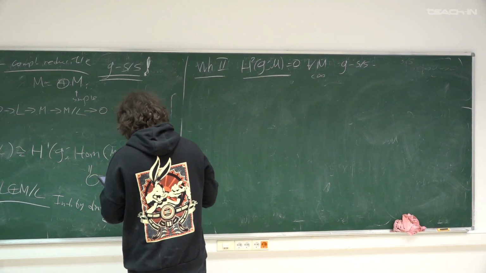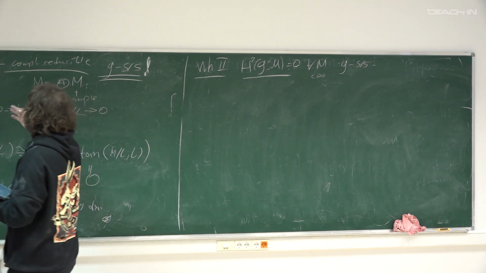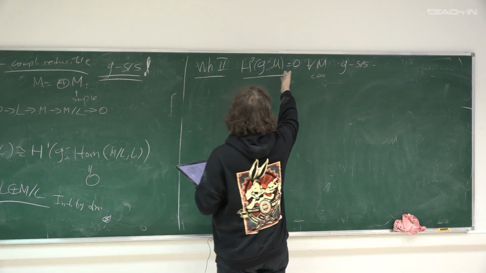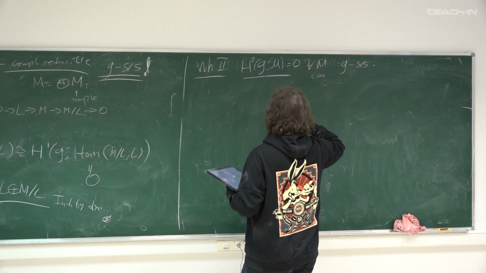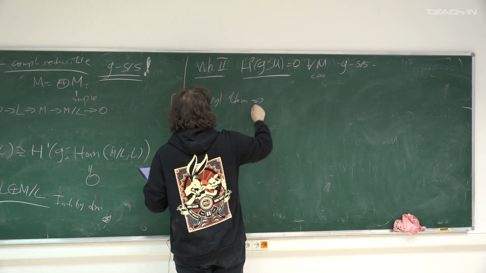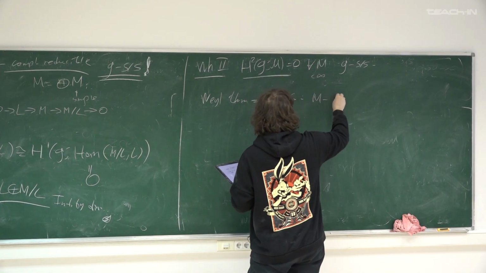Now, why is it true? As we know, by Weyl's theorem any module is a direct sum of simple modules. For a direct sum of modules, cohomology is the direct sum of cohomologies. So, from Weyl's theorem, it's enough to check, without loss of generality, that we can assume that M is simple.